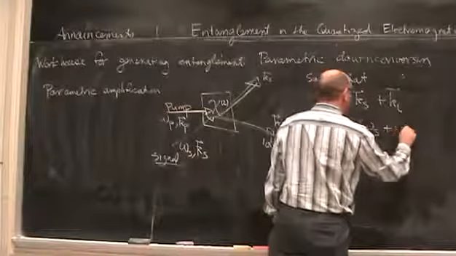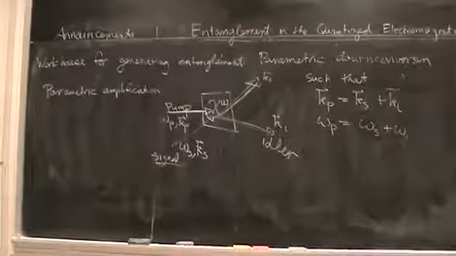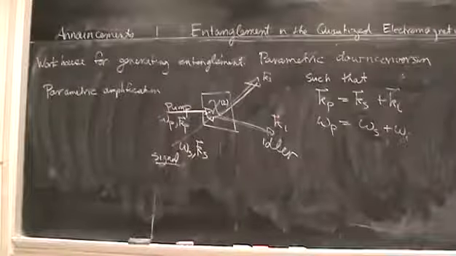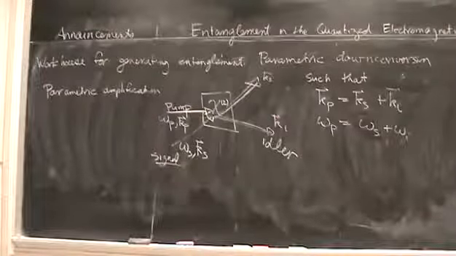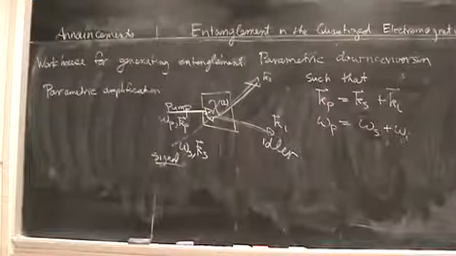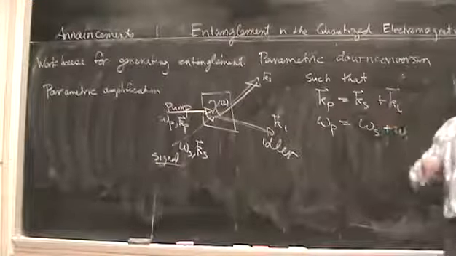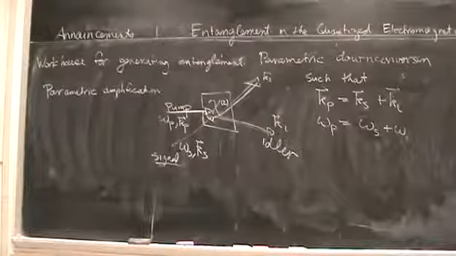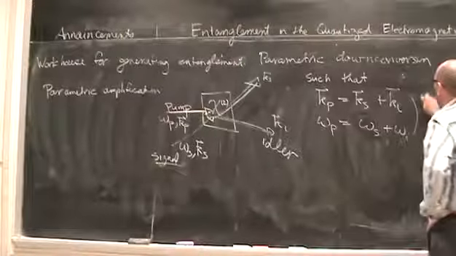The sum of the frequencies adds to the pump frequency, and the total momentum is conserved. The sum of the wave vectors of the signal and the idler inside the crystal has to add to the pump. That, as we discussed, is called phase matching.